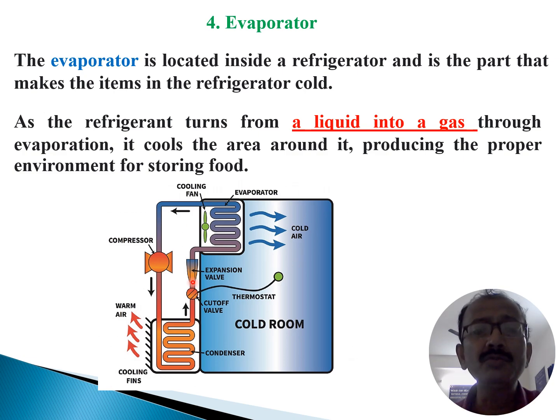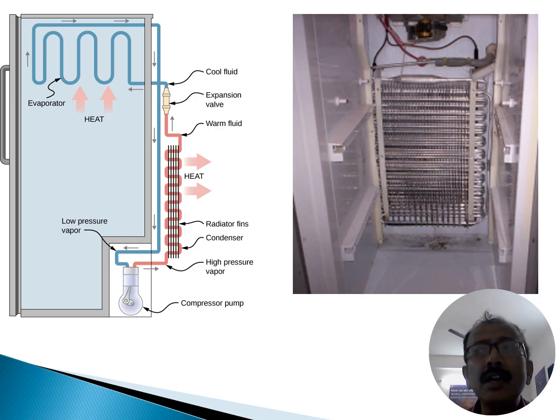When it passes through, it absorbs heat from the surroundings and is finally converted into gaseous form, producing the proper environment for storing food. This is the evaporator. And finally, this is the cross-sectional view of the evaporator, showing what is inside it.